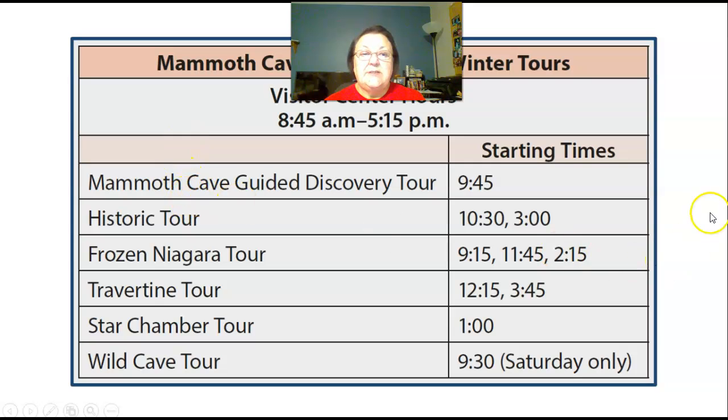And here it tells us what times the different tours start. So basically this is an informational chart, and we will see these at places like museums, amusement parks, maybe even downtown places that you visit. So this is what we call basically an informational chart.